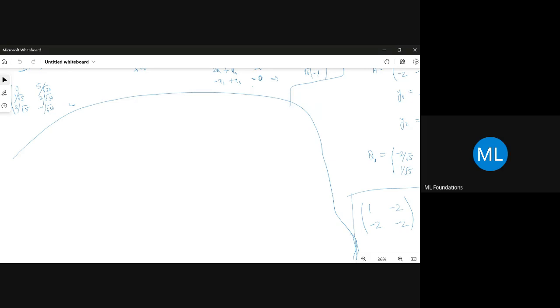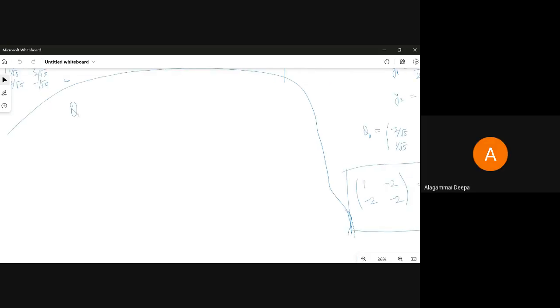I close the session for today. Q2. Do you have the question? Yes, ma'am. Just take a screenshot of this. A is equal to minus 2, 1, 2, minus 2, column 1, 2.